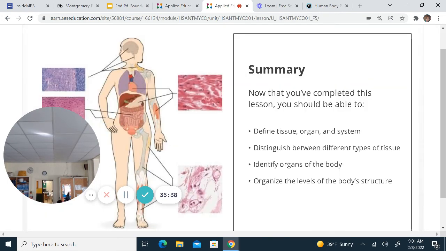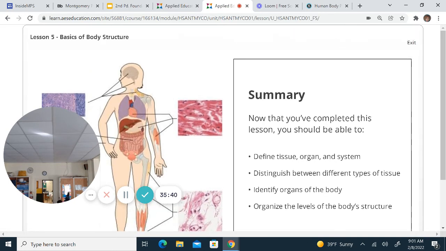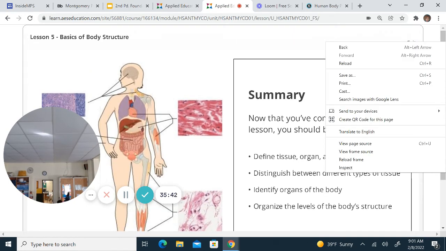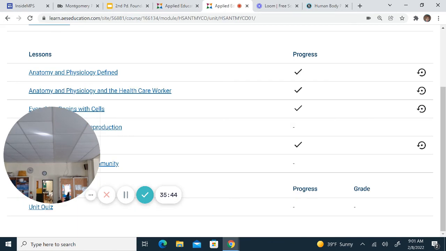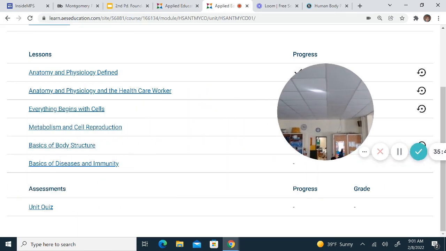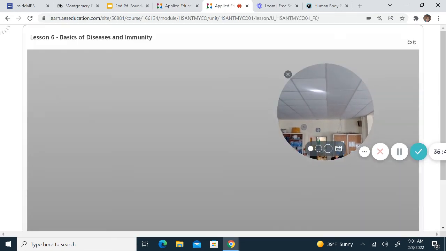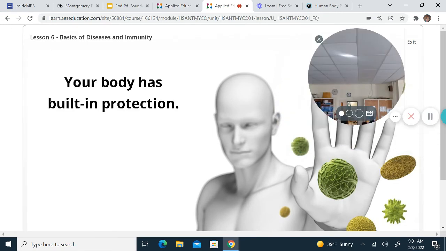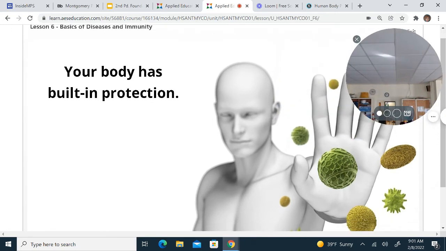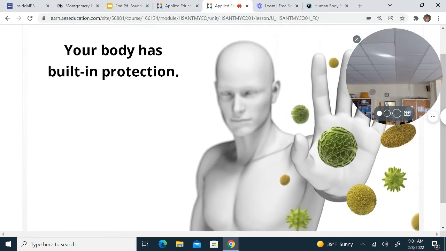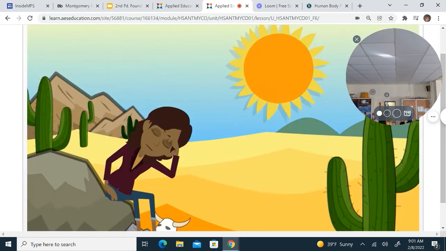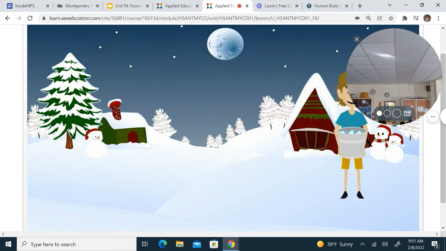In this lesson, you defined what tissue, organs, and system are, distinguished between different. All right, and in the last section, we're going to look at diseases and immunity. Your body is built to automatically protect itself against unpleasant conditions and illness. Have you ever wondered how your body protects itself in the heat or in the cold?